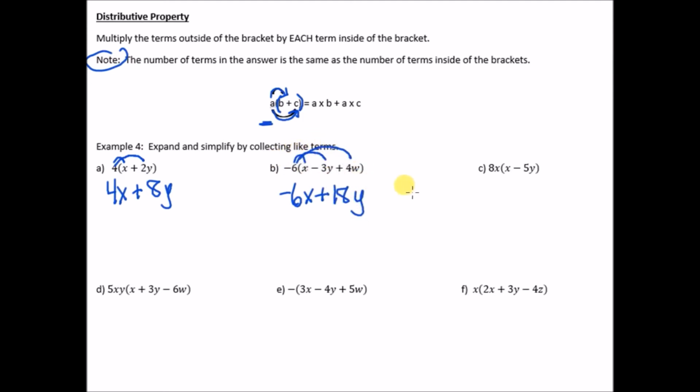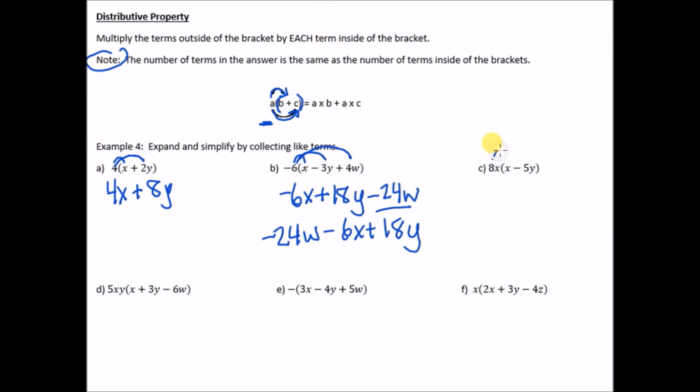And negative 6 times positive 4w is negative 24w. Okay, we have x, y, w. We could put the w term in front, so negative 24w minus 6x plus 18y, because then everything's in alphabetical order, and that's fully simplified.